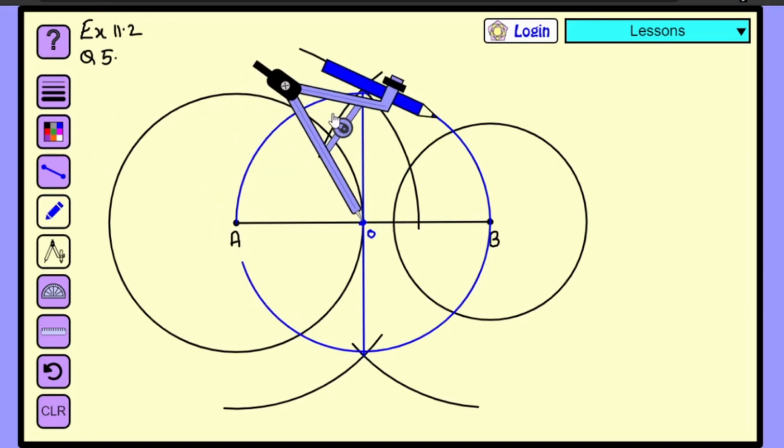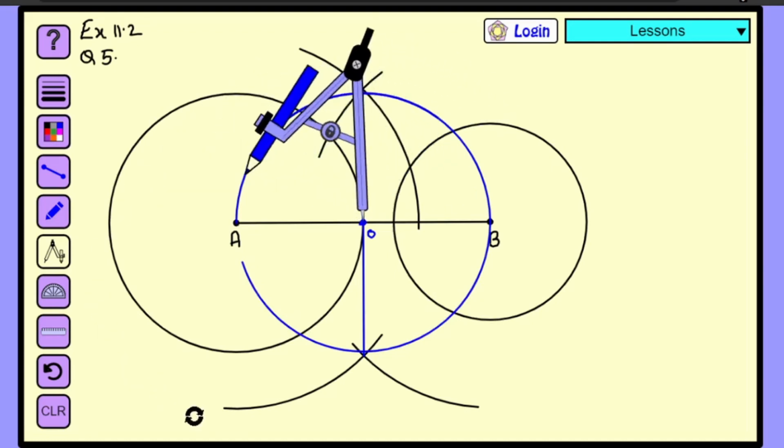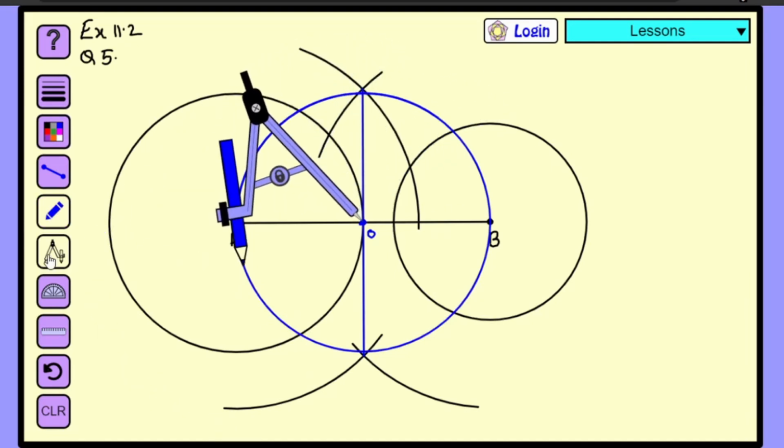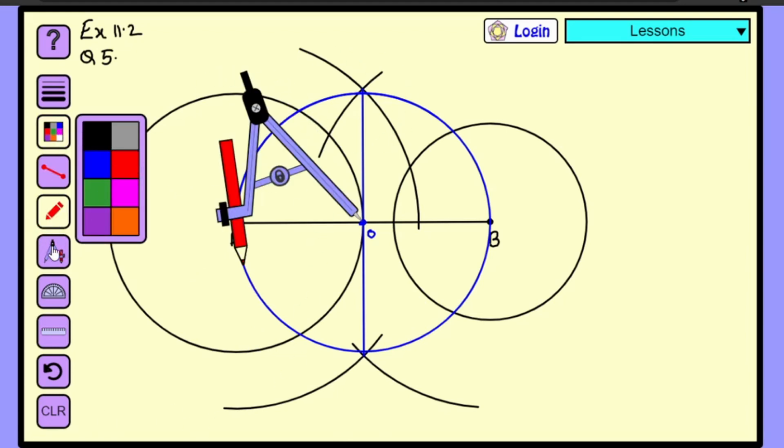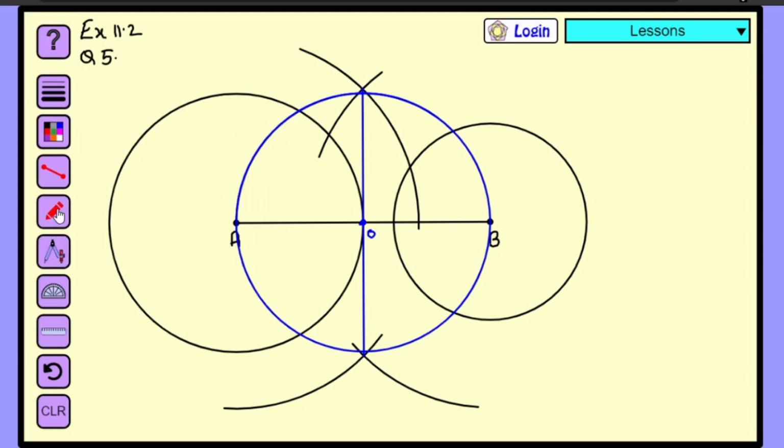This circle intersects the bigger circle at two different points. Name this point as C and this point as D, and name these two points on the smaller circle as P and Q.